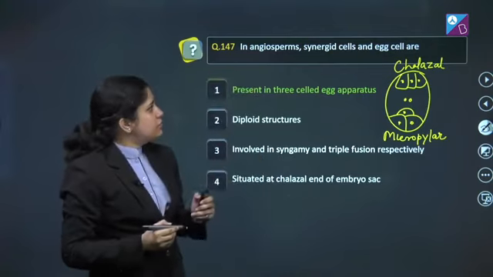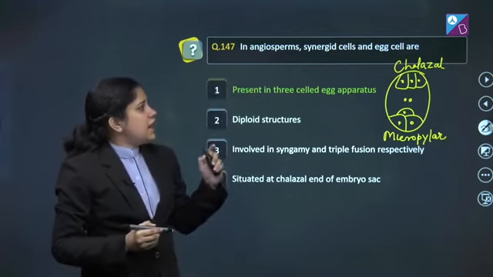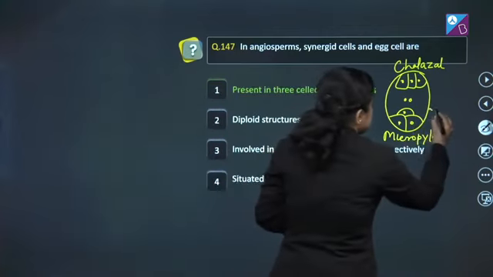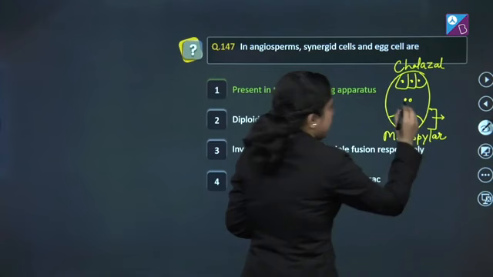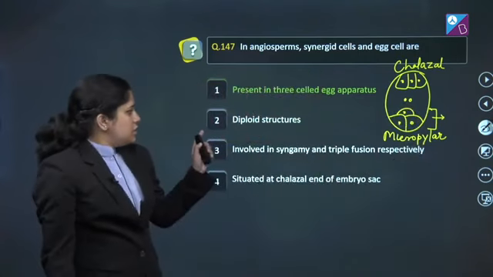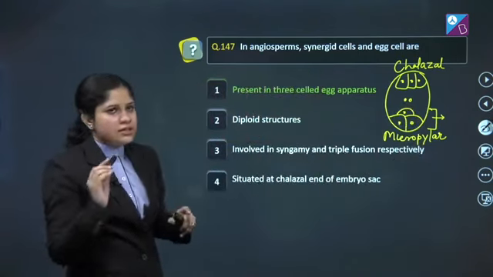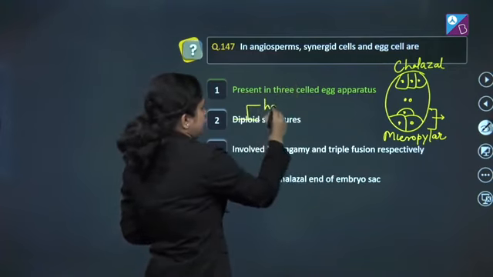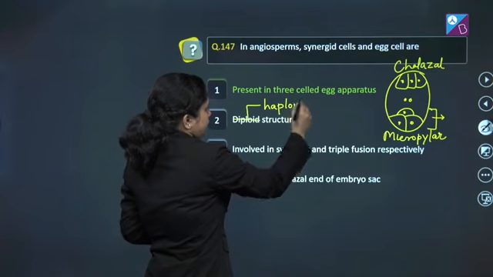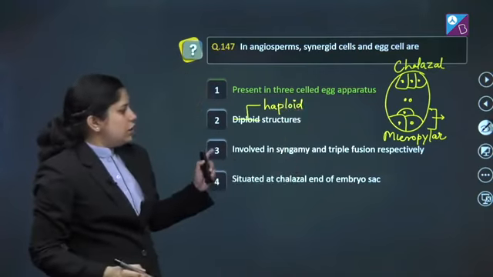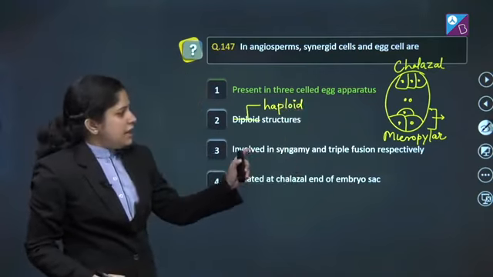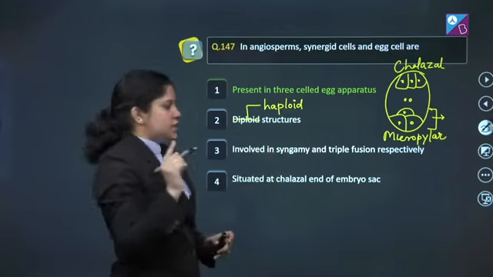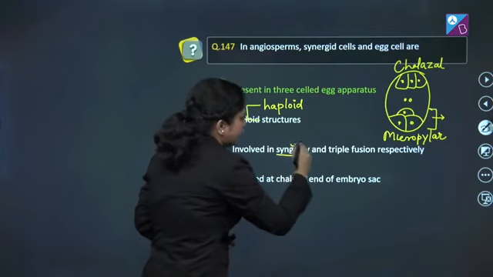Let's see the options. Synergid cells and egg cell are present in 3-celled egg apparatus. This is collectively known as egg apparatus. Second, diploid structures. This is incorrect. All these cells are haploid in nature. Third, involved in syngamy and triple fusion respectively. This is incorrect because egg cell is involved in syngamy only.